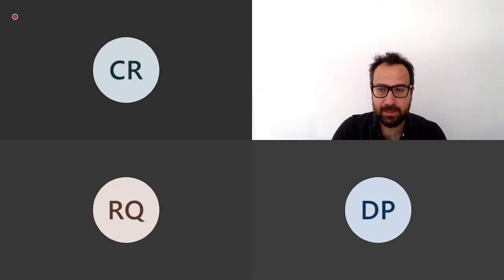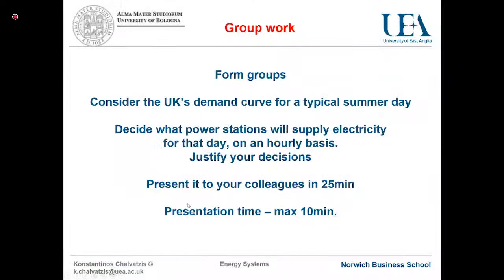So let me share my slides first. Here it is, okay. I'll share the whole slide deck with you so you have all the types of energy we discussed. But really the activity we're talking about right now is this one. So your working groups, you need to think of the UK's demand curve for a typical summer day.